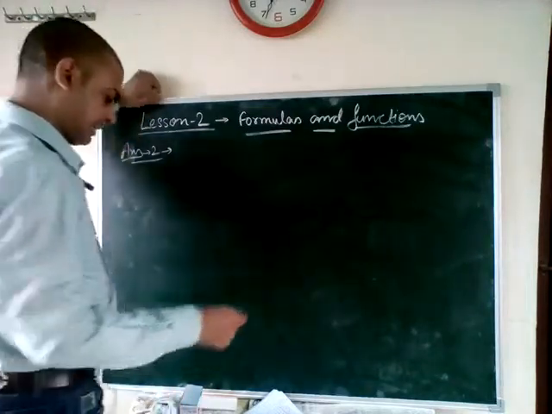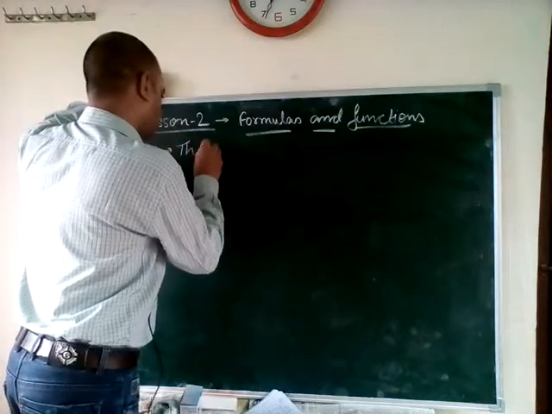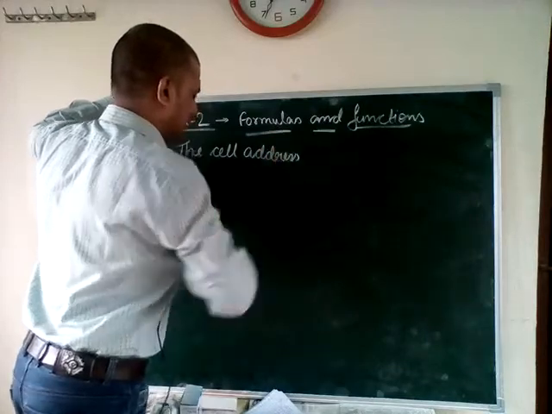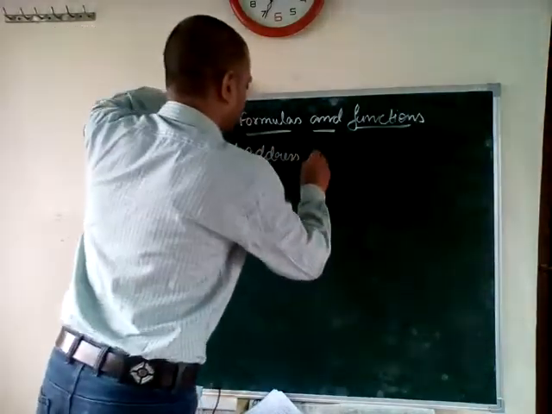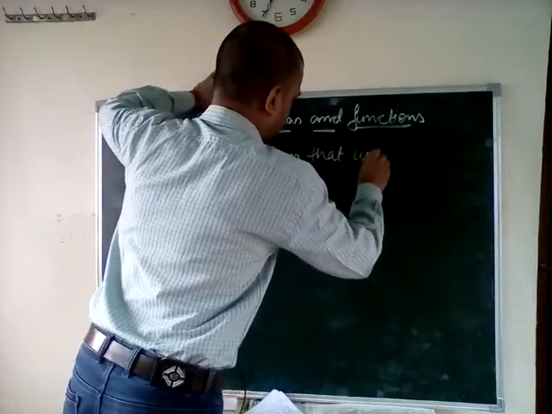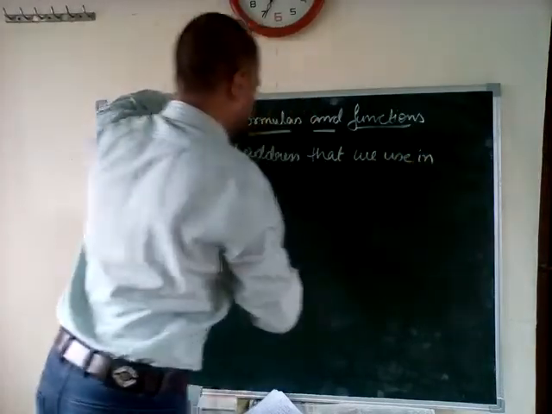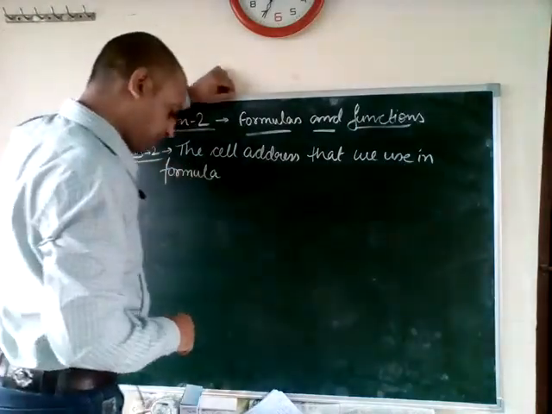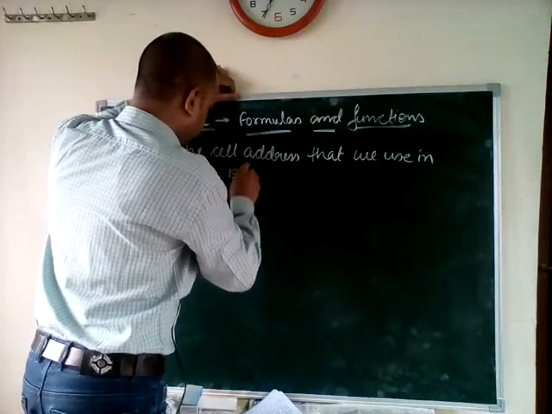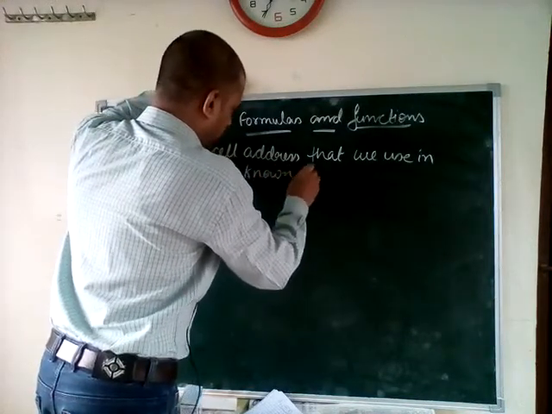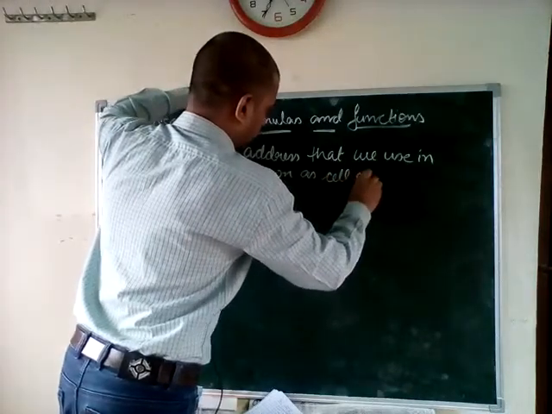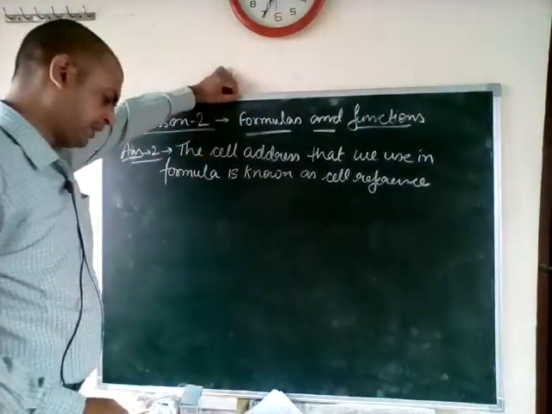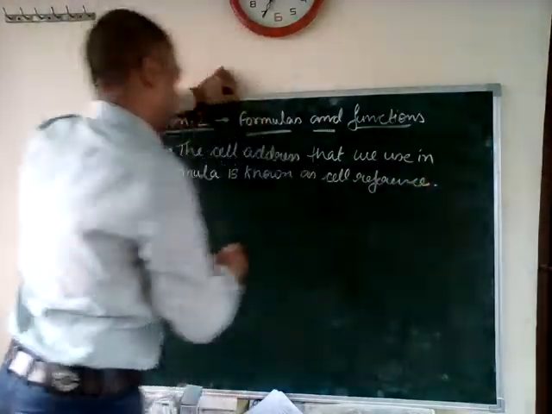Now the cell address that we use in formula is known as cell reference. They are of 3 types.